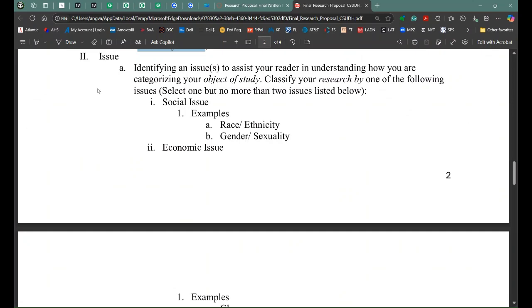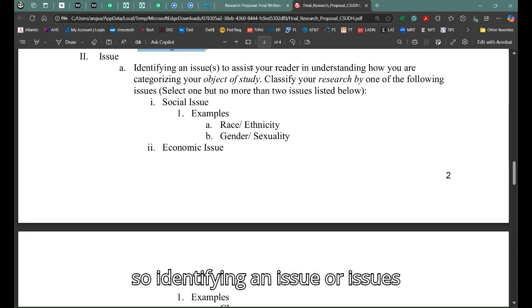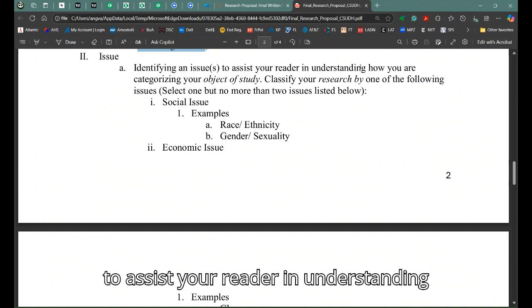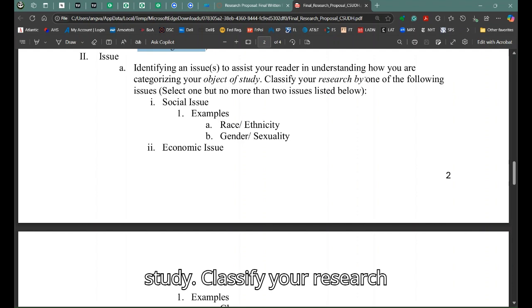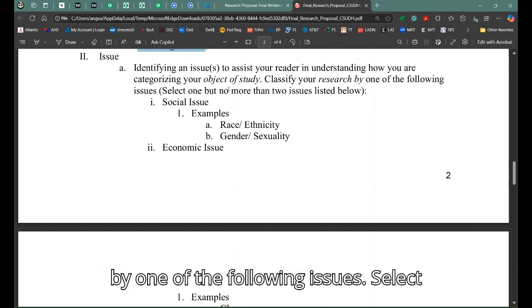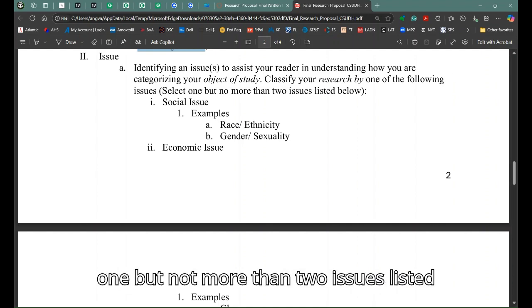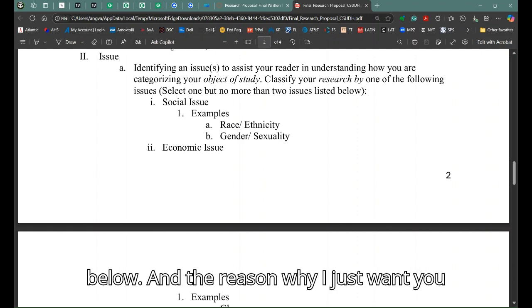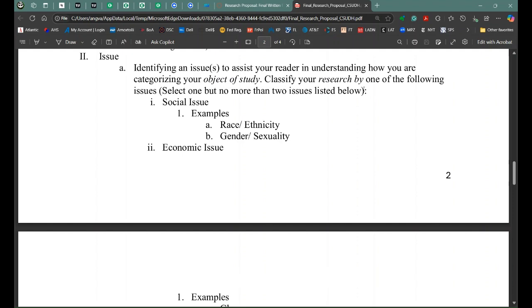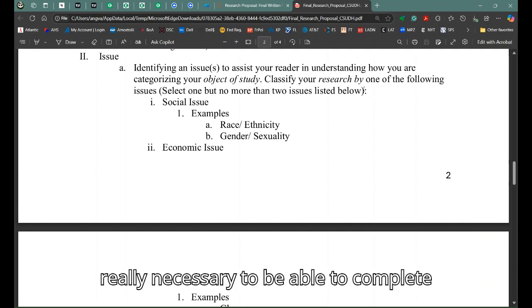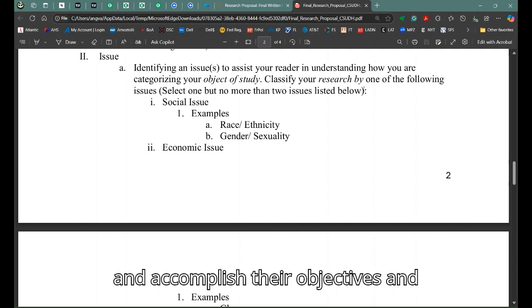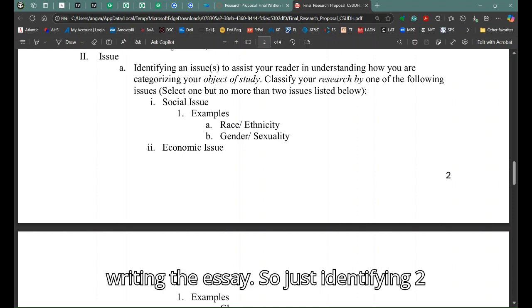Identifying an issue or issues will assist your reader in understanding how you are categorizing your object of study. Classify your research by one of the following issues. Select one, but not more than two issues listed below. The reason I want you to select no more than two is because I don't want anyone to do more work than is necessary to accomplish their objectives in writing the essay.